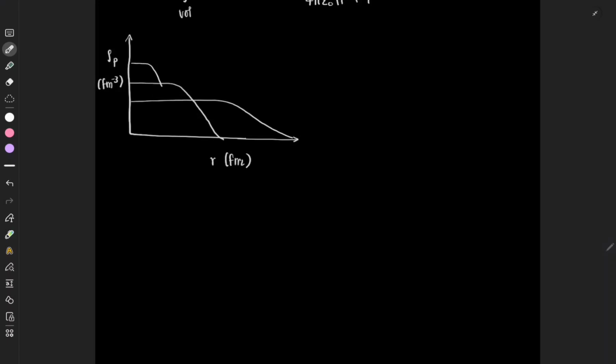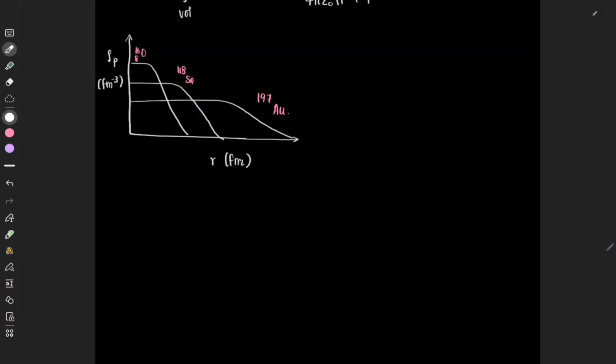Same here, there's a flat region and then it goes down. So this is oxygen-16, tin-118, and gold-197. Here we only take the graph for protons because electrons interact with protons and then scattering happens. That's the reason why we are only taking the graph of protons in the beginning.